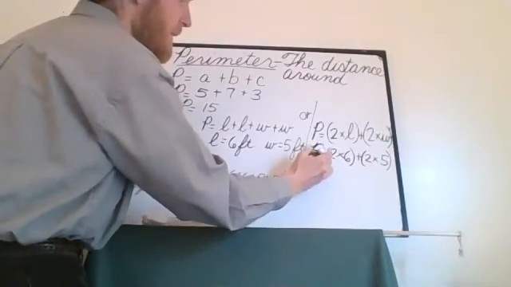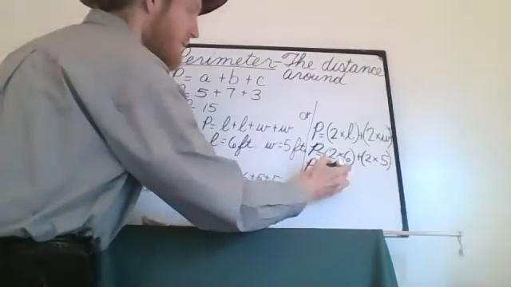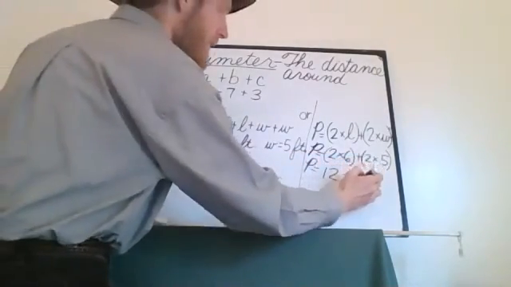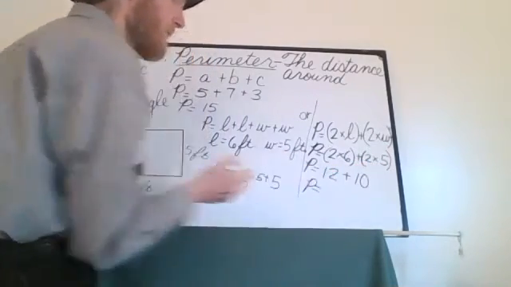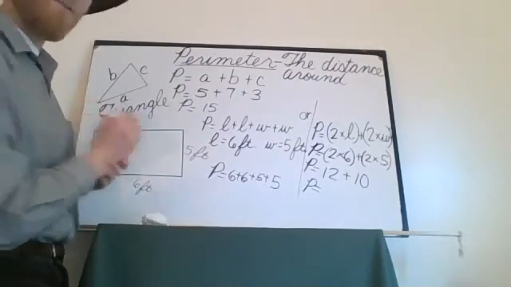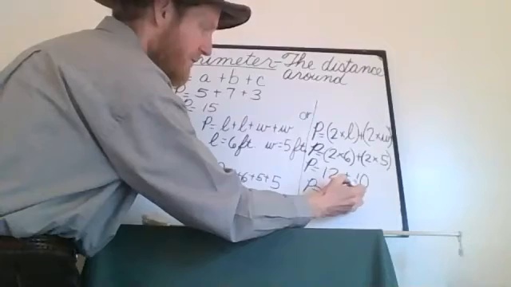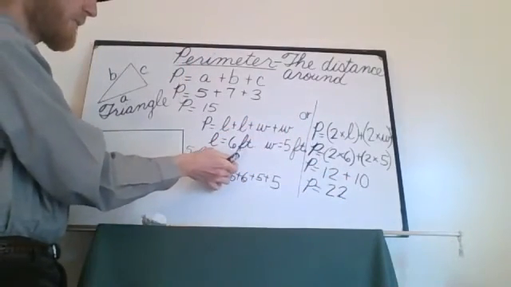So then I go P equals, what's 2 times 6? 12 plus, what's 2 times 5? 10. P equals, what's 12 plus 10? 22. 22 what? It's feet.